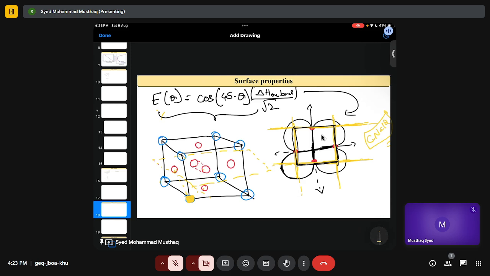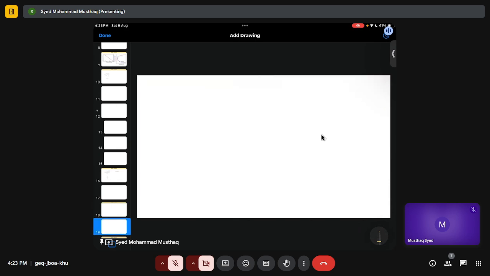So if I try to cut in the 1, 0, 0 direction, I hope you are comfortable with these notations in metallurgy. Draw this again.